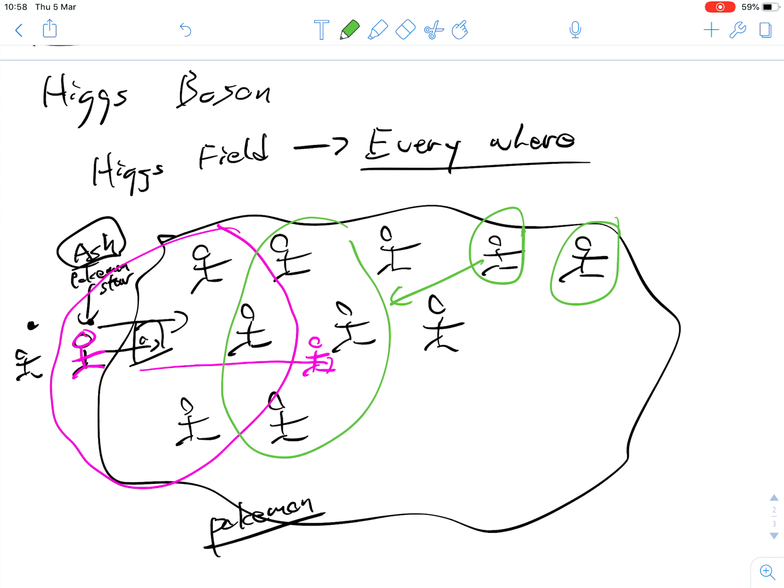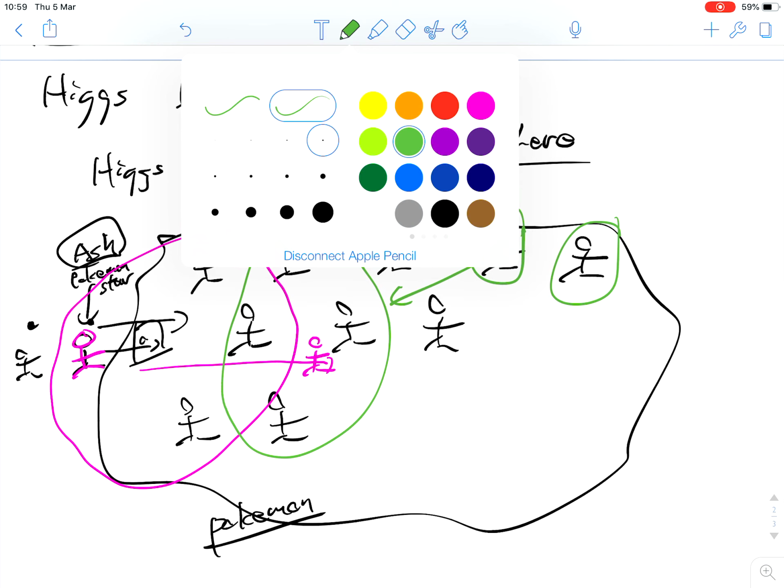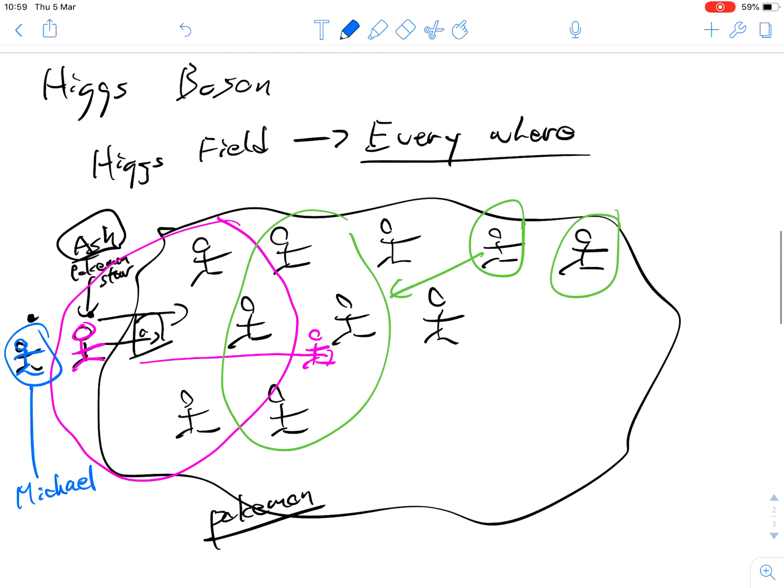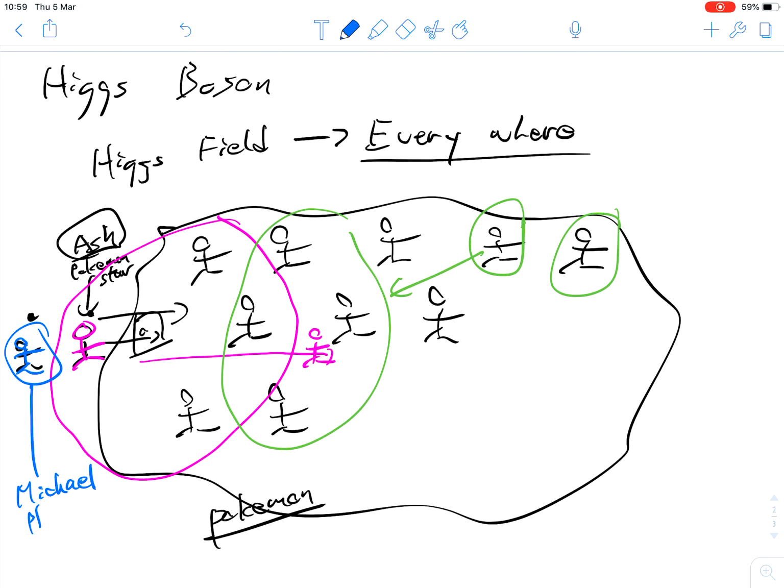Now, suppose there is, over here, let's say in blue here, Michael Phelps, very famous, probably one of the most decorated Olympians. I hope I don't spell his name wrong, Michael Phelps. And so, multiple time Olympic medal winner.